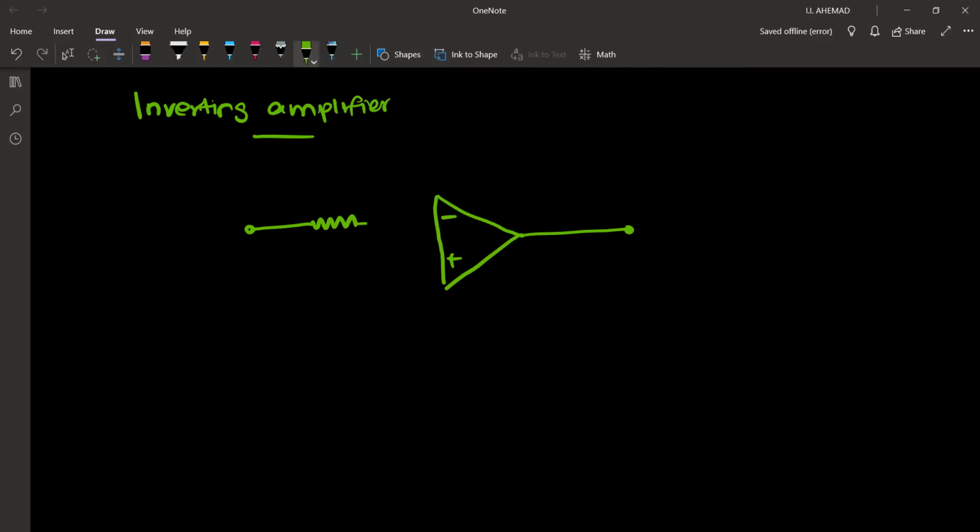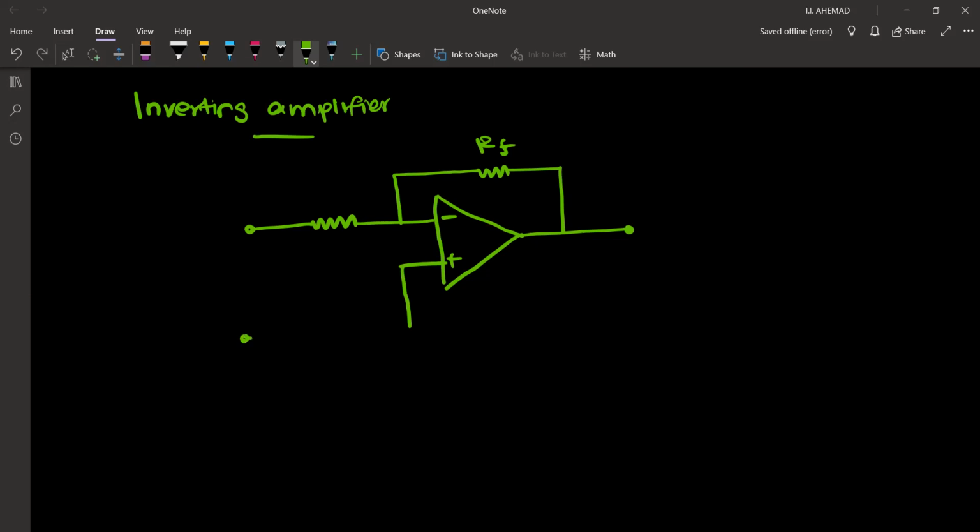Now it is in negative feedback. Therefore, the feedback resistor is also connected to the negative terminal. And the positive terminal, let's say it is ground.